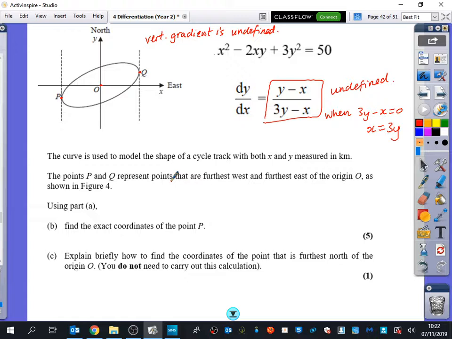We're going to substitute 3y in place of x, so you get 3y all squared minus 2 times 3y times y plus 3y squared is equal to 50.